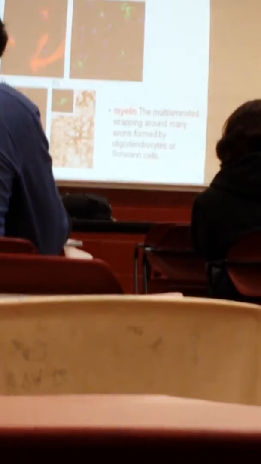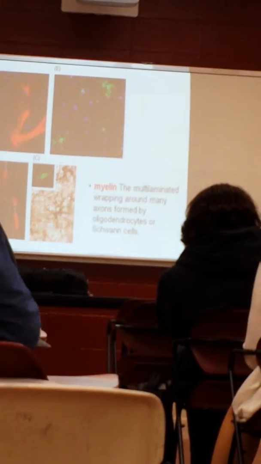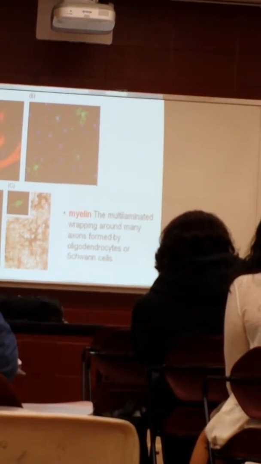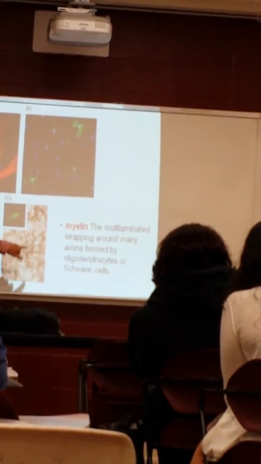Astrocytes. Oligodendrocytes, as I said, produce myelin. I don't remember what each one of these cells is, but I'm just going to focus on F here, which I think is an oligodendrocyte stained for myelin.